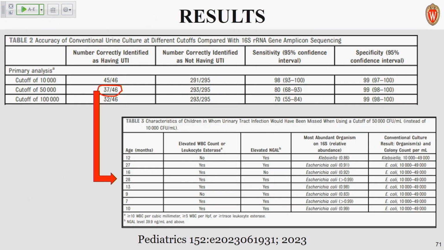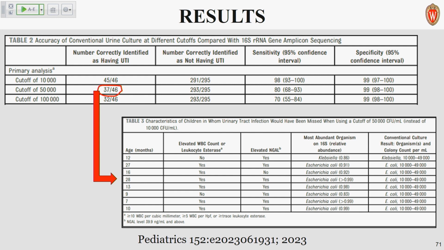So this is almost impossible to cut out or see, but there were 46 individuals, as we mentioned before, with UTI, and if you look at the top data, when the cutoff of 10,000 in conventional culture was used, they identified 45 out of those 46. With traditional parameters of 100,000, they only found 32 out of 46 with the UTI.